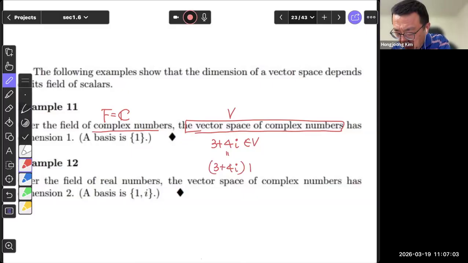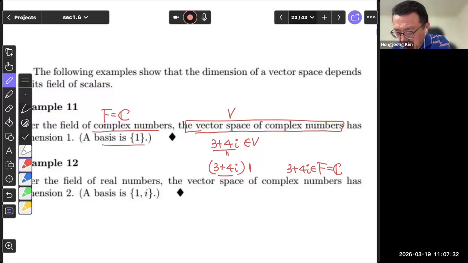And this 3 plus 4i is a number in this scalar field C. So if the scalar field is the set of complex numbers, then any value in this V space can be written as that number multiple of 1. So this 1 can be your basis.